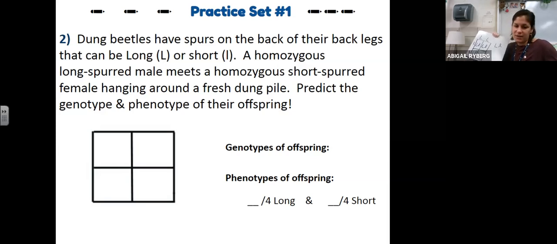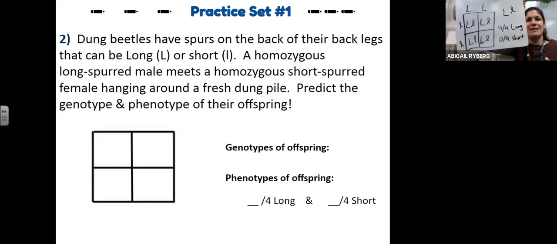Sometimes I'll put it like you can see here, the phenotypes of their offspring, I put it out of 4. So all of their individuals would be heterozygous and also have the dominant phenotype, which is long. So I'm going to say 4 out of 4 would be long and 0 out of 4 short.